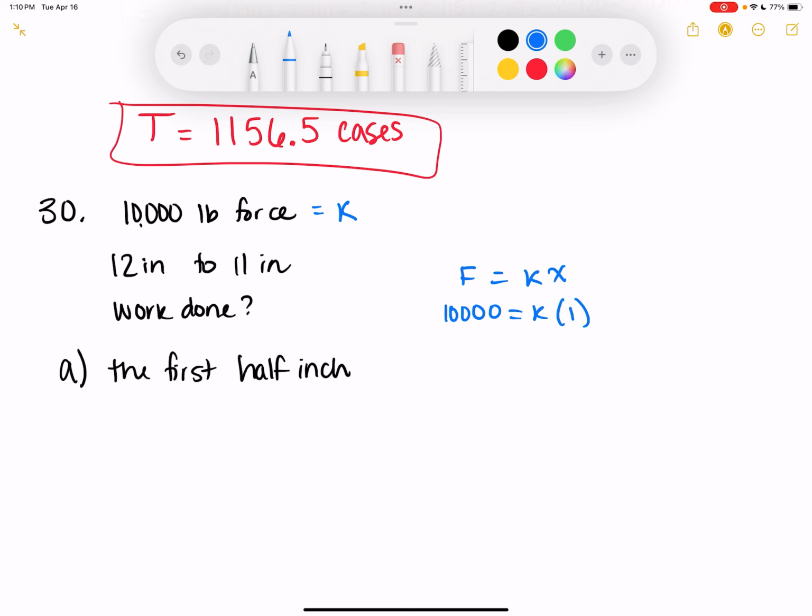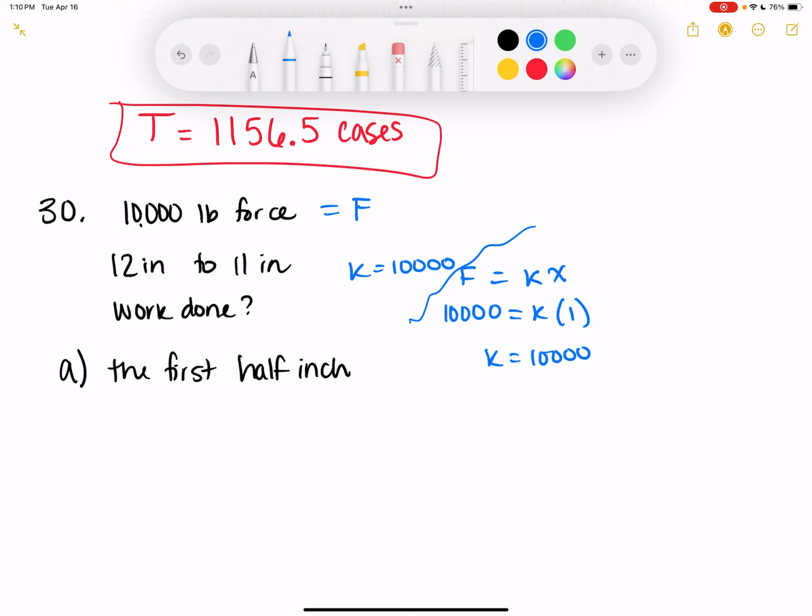So K ends up being equal to 10,000 also. So this is technically the force here, but K is also 10,000, once we solve for it. I just got ahead of myself and gave you a little spoiler there.